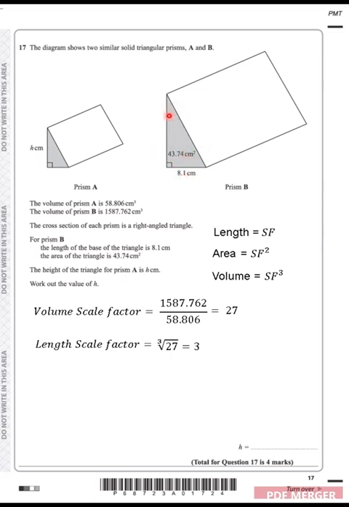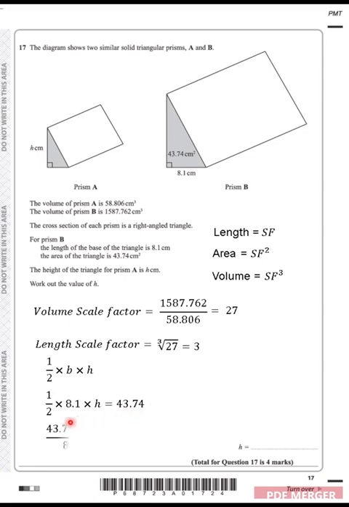To work out the area of a right angle triangle, a half times base times height is equal to the area. Now we already know the base is 8.1 centimeters. We don't know the height, but we do know that the area of the triangle is equal to 43.74 centimeters squared. So a half multiplied by 8.1 multiplied by the height is equal to 43.74.